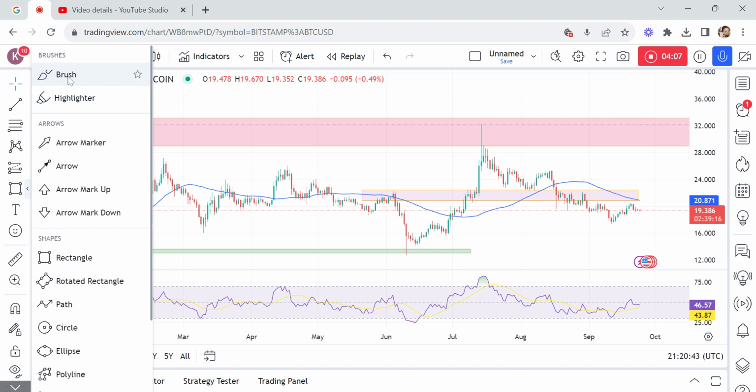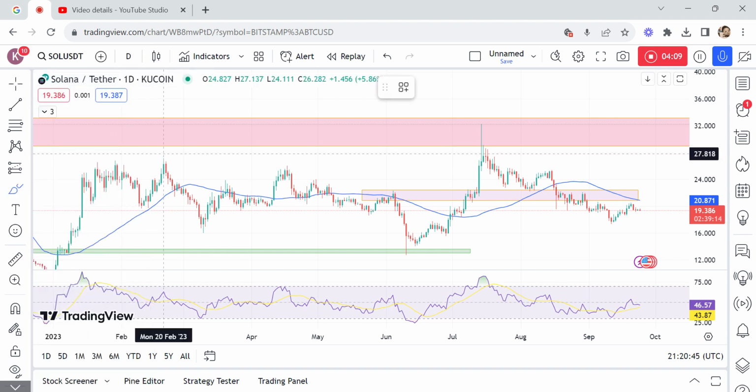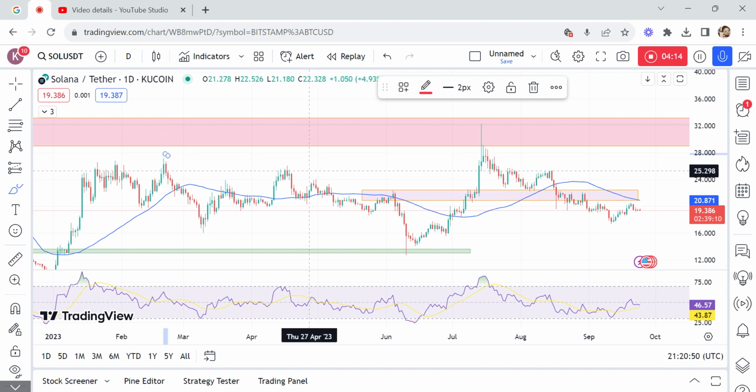So let me go for a brush tool. This is a level here with stops. This is another low here, another high. This one, and then this level. There's another level here.